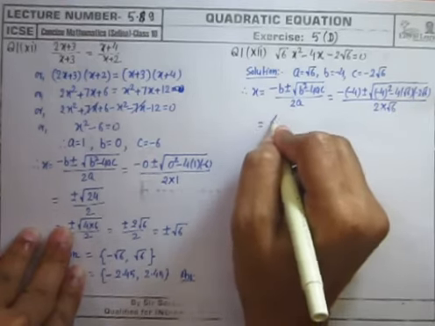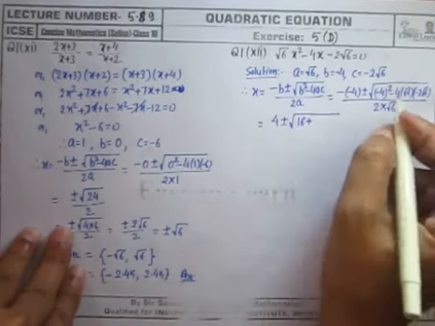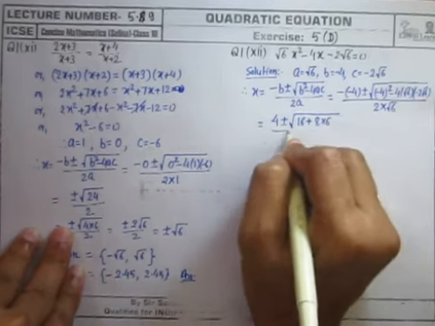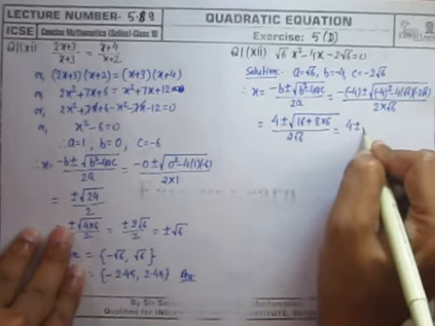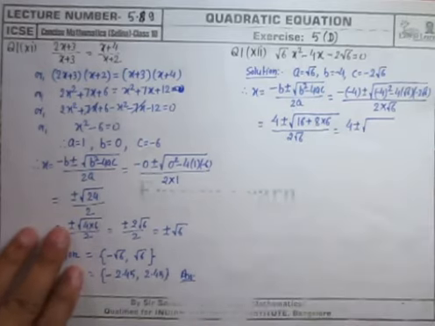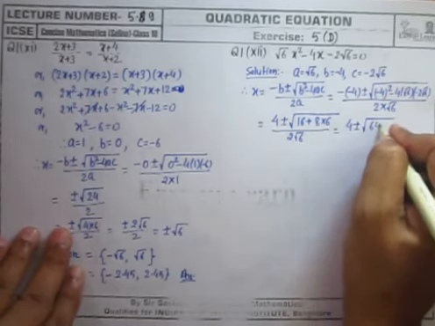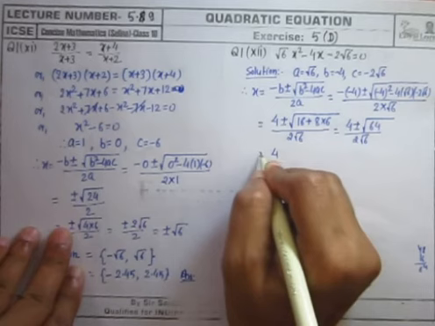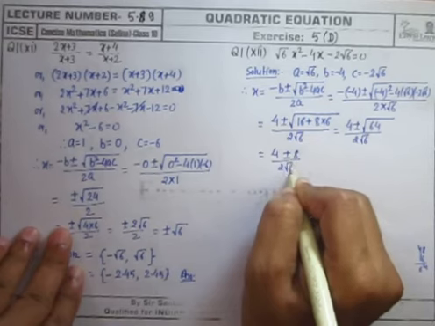So it will be 16 plus 4 times 2 times 6, which is 48, so 4 ± √(48 + 16) over 2√6. 48 plus 16 is 64, so 4 ± 8 over 2√6.